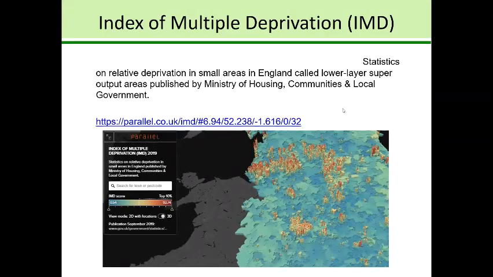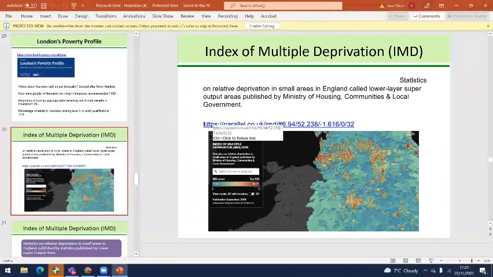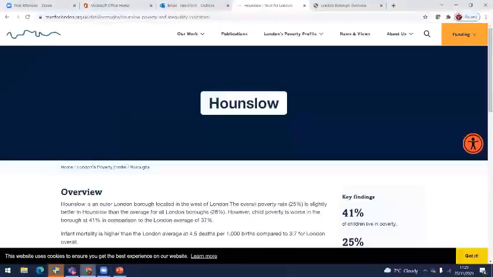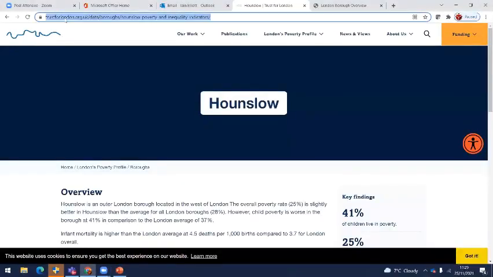So they're basically the size of a postcode, I think on average about 1,500 people. So quite what they call granular, going down to a small level of detail.